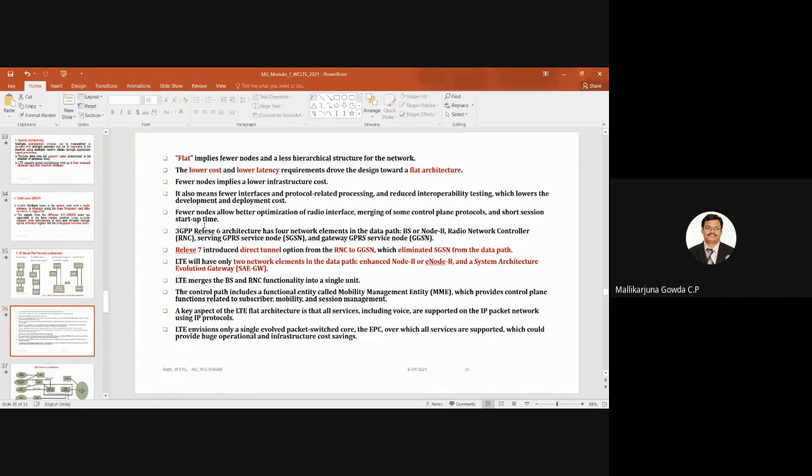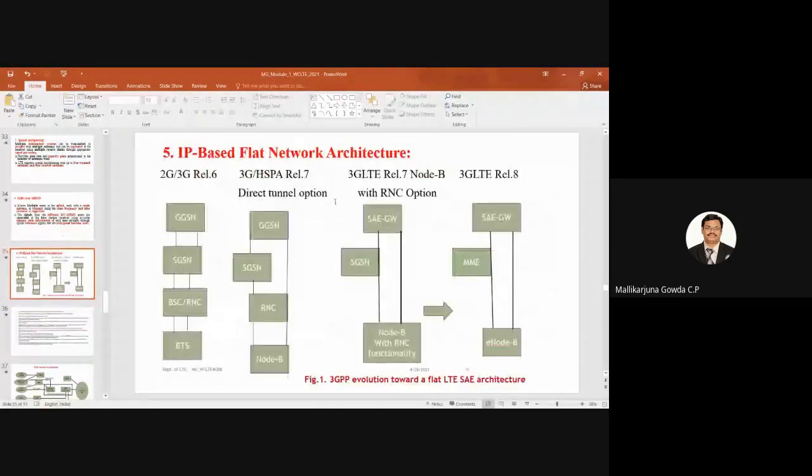In release 7, that is the second diagram, I said it introduced a direct tunnel option from the radio network controller to the GGSN. So that has eliminated the SGSN from the data path. With respect to this diagram, from RNC to GGSN there is a direct data path.